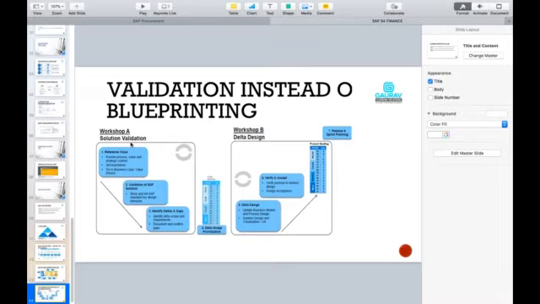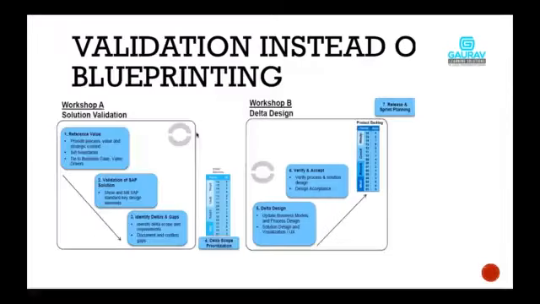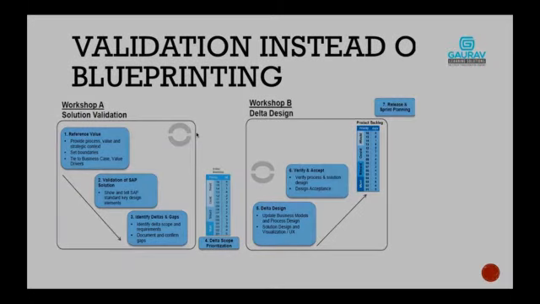And then you will create a data design document in workshop B, data design. In workshop B, you will be discussing the data design, which is an FS document, as I told you. You will verify and accept the changes in the data design, and based on that, you will keep adding to the backlog.